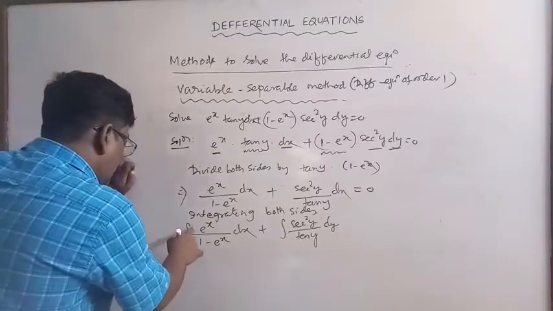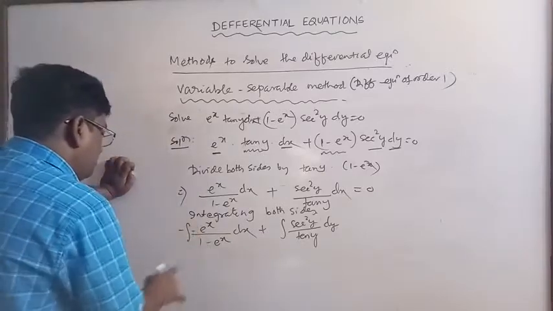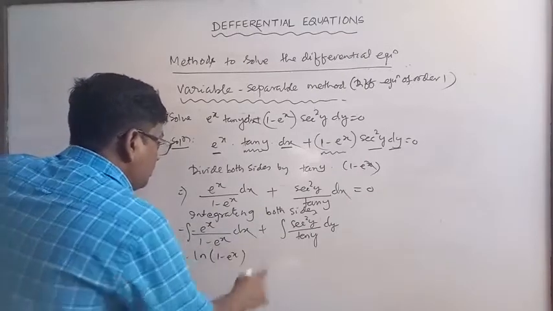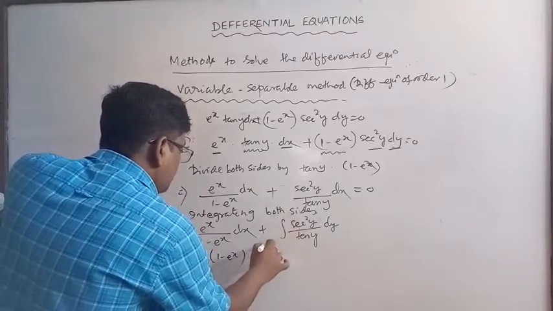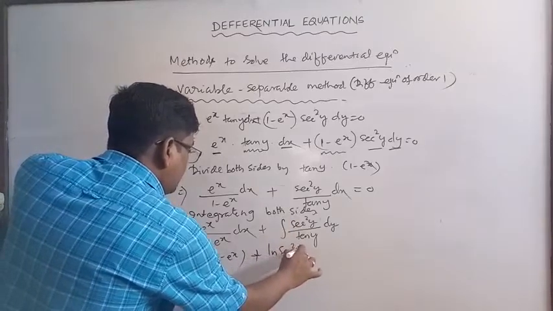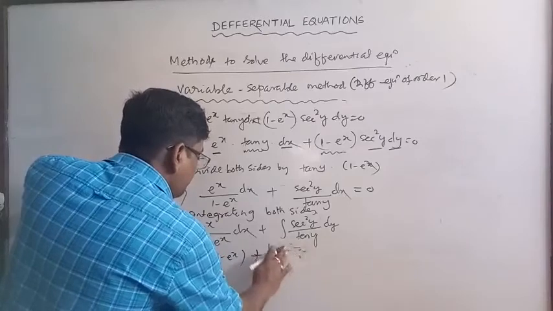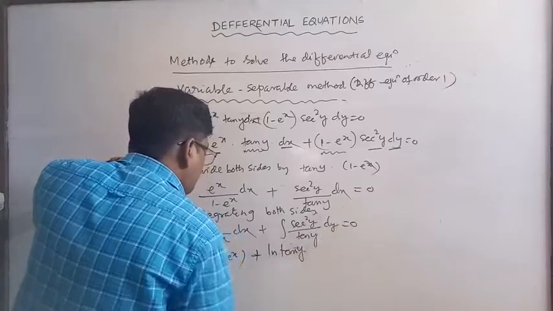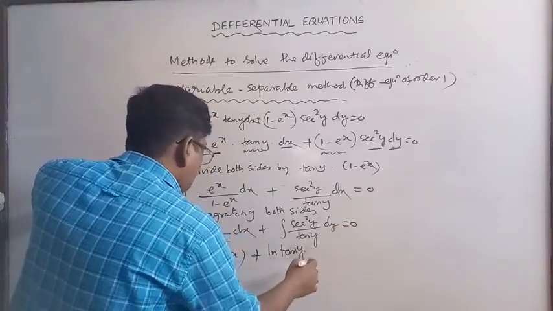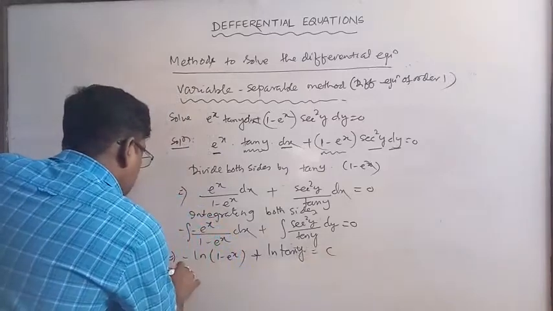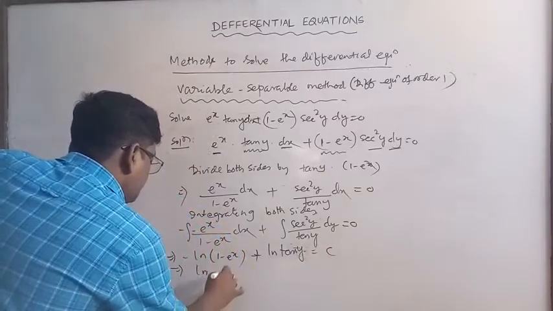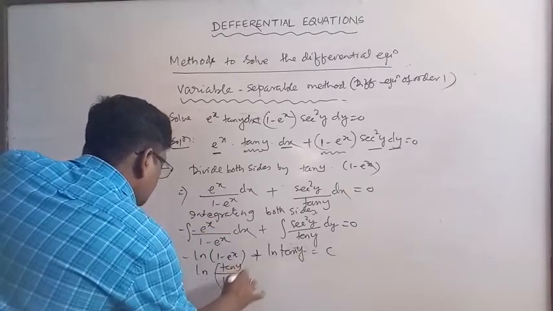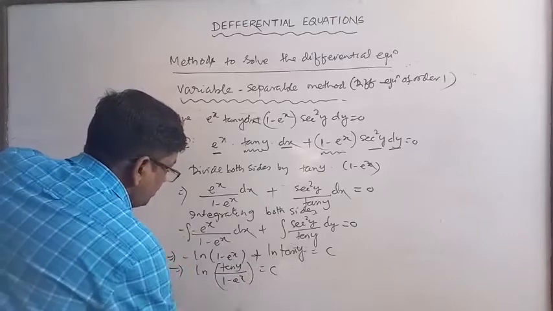So here we can put a minus, so that is equal to minus log of 1 minus e to the x, and the derivative term of sec square y gives log of tan y, is equal to C. So this is log of tan y by 1 minus e to the x is equal to C. This is the answer.